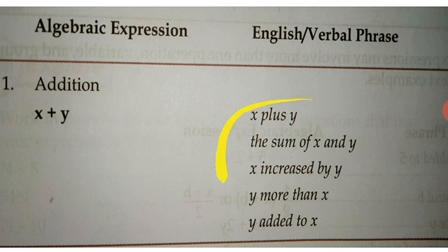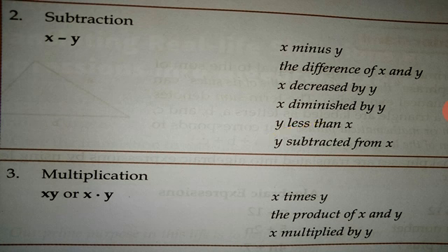So if you write these verbal phrases as an algebraic expression, it can be written as x plus y. Next is subtraction. So x minus y, the typical one. Next is the difference of x and y. Difference denotes subtraction.